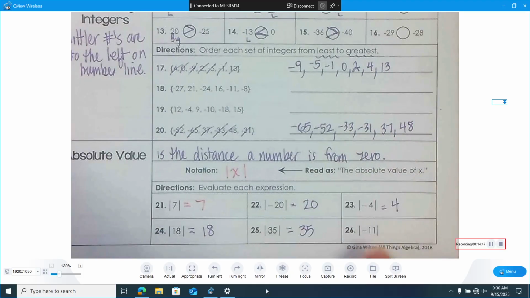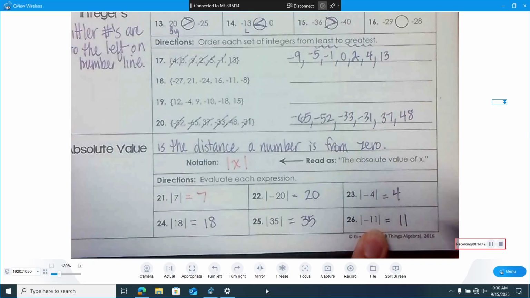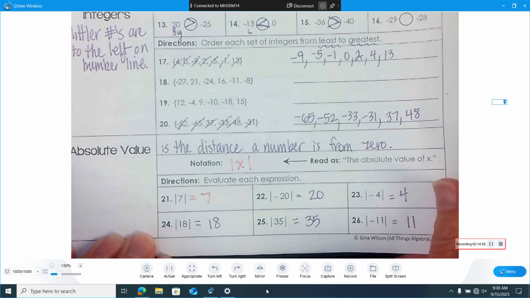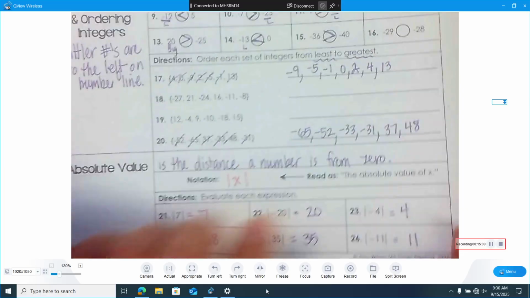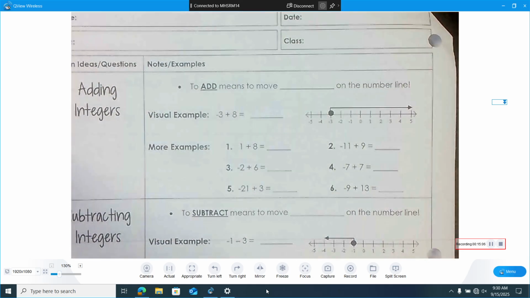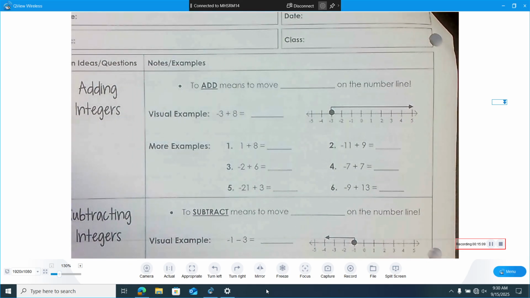What's the absolute value of negative 11? 11. Very good. Absolute value always has to be a positive result. All right. Questions on that? It's very easy, yeah? Good. All right, let's turn the page.